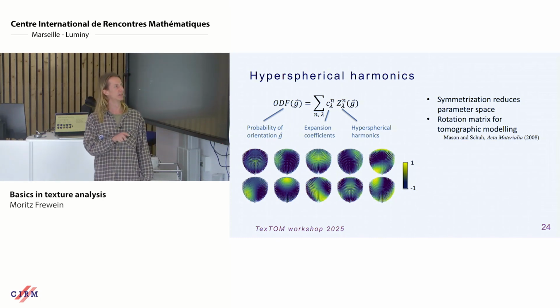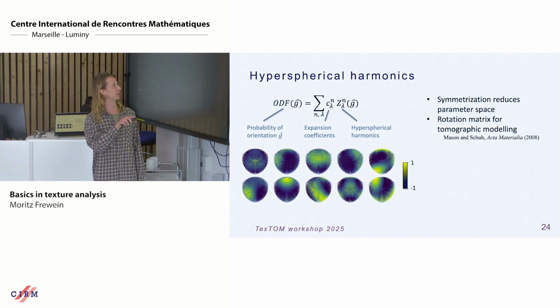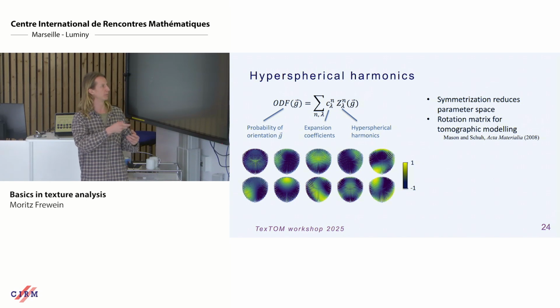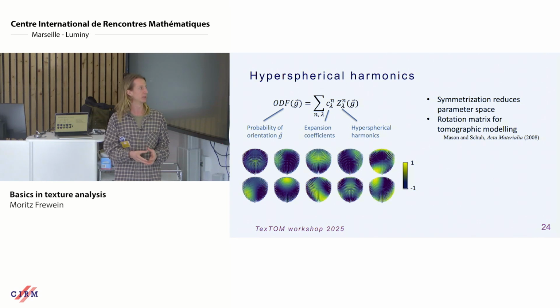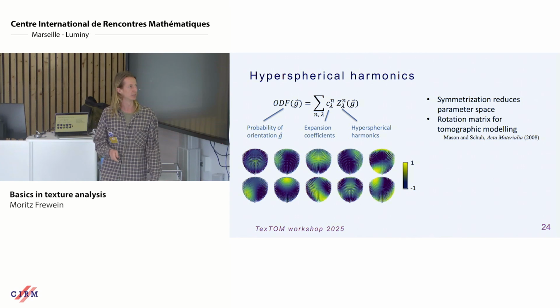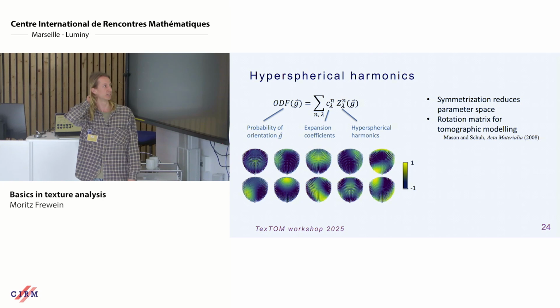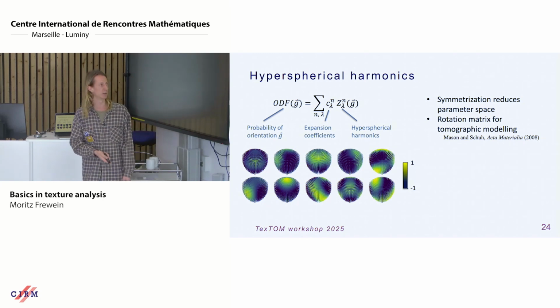For example, there's a symmetrization procedure, which means we can combine from each order several of these suborders in a certain way, and we will get basis functions that contain the same symmetry properties as the crystal itself, which means we can then reduce the orientation space to this fundamental zone. Then there's also a rotation matrix, like the Wigner-D matrix, that can rotate these functions just by changing the coefficients, which is nice for us because we need to rotate our sample.